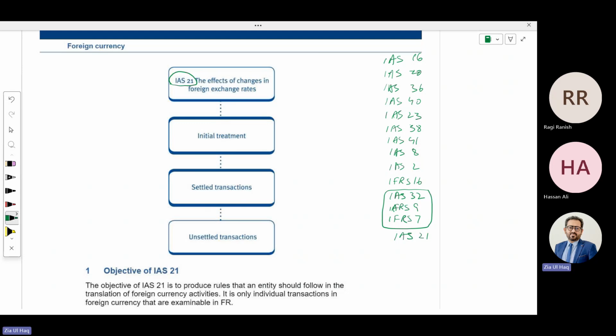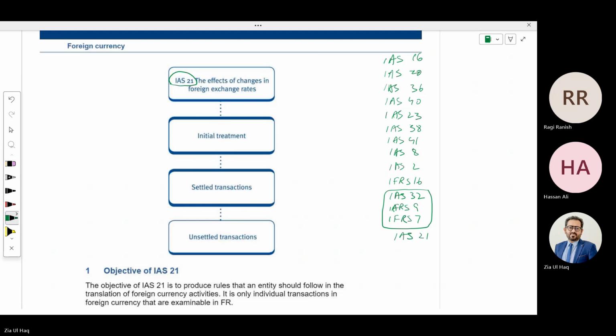Because through the number of the standard, we can recall their points, their knowledge. To remember the name of the standard is difficult. Through the number, we can just make a guess, oh, this standard was relating to this. Because there are some standards whose names are bigger, like revenue from contract with the customers.